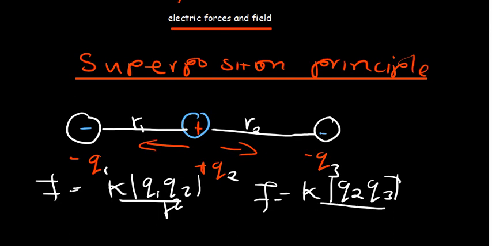We can denote this one as our force 1, this one as our force 2. After finding that, we can conclude that F net is equal to F2 minus F1. Now, why am I using minus there?